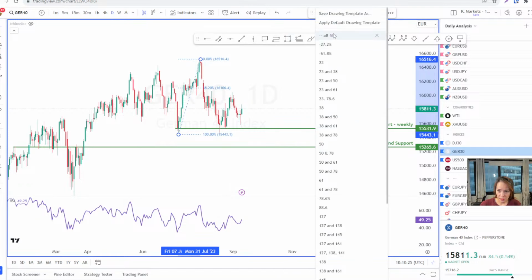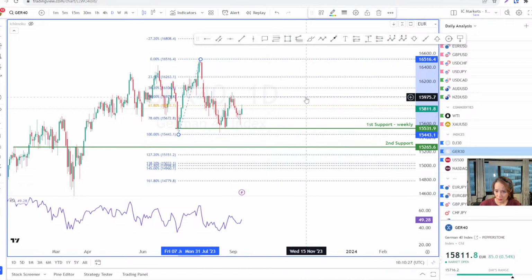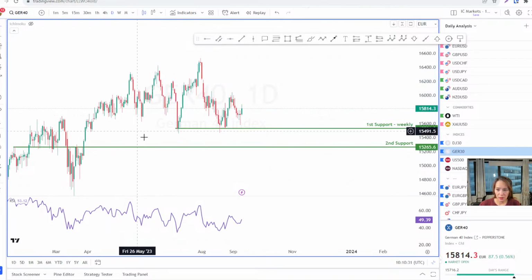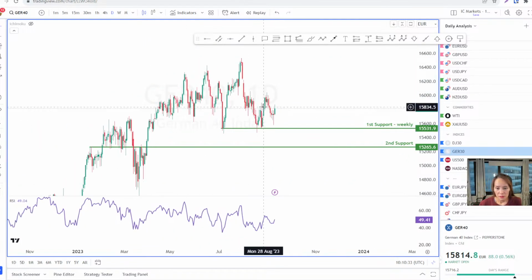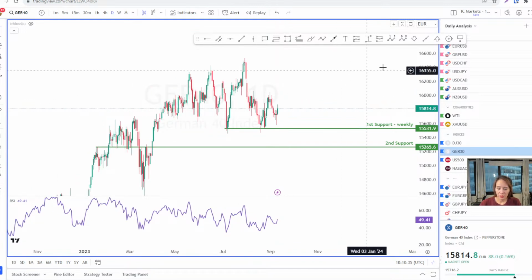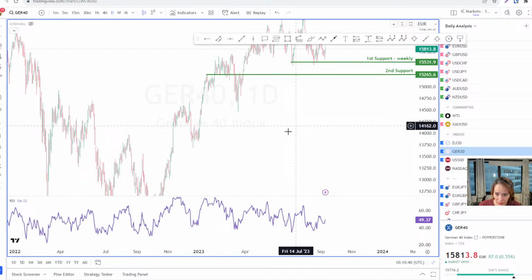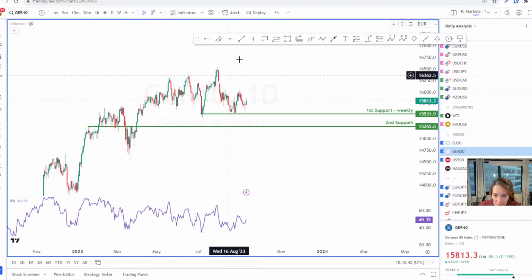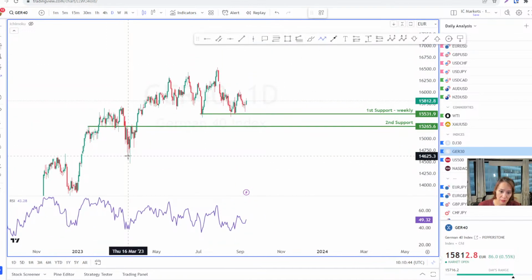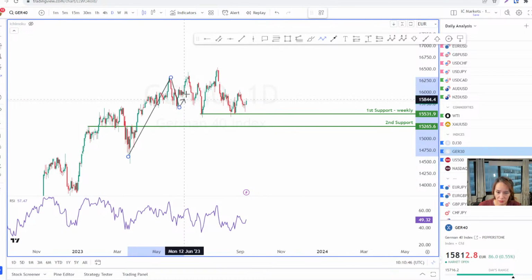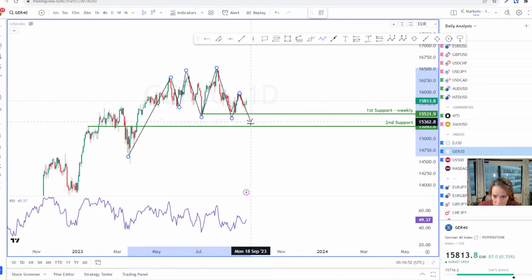Let me see if I can see something here. Now the daily time frame, I think they will change from the higher high. Let me check here. Make a low here, make a high here, low here. Still, I think we'll come down here.